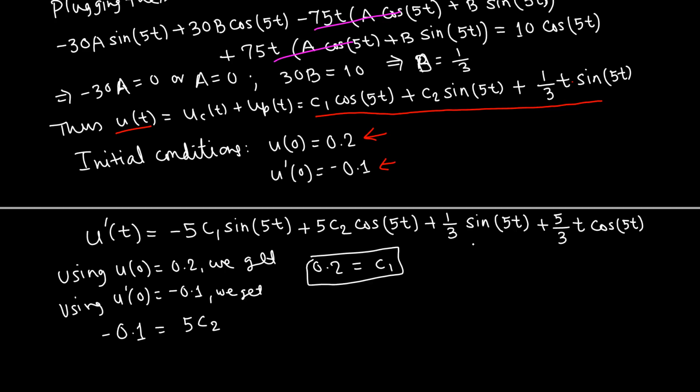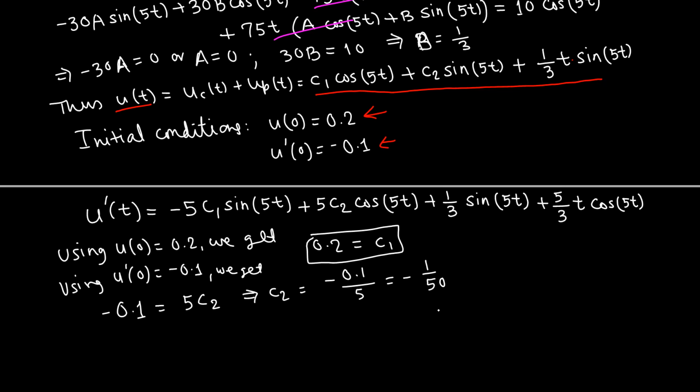So negative 0.1 equals 5c2, that implies c2 equals negative 0.1 over 5. 0.1 means 1 over 10, so c2 is negative 1 over 50.